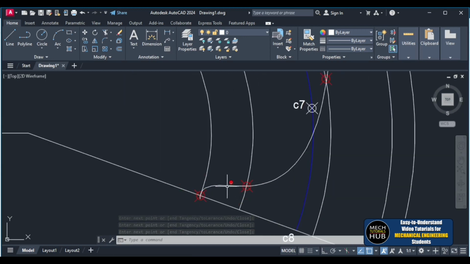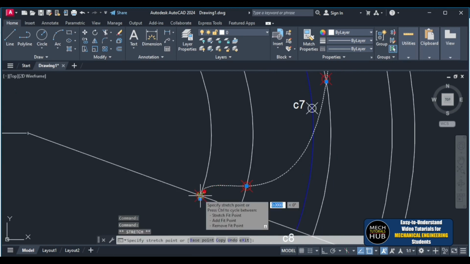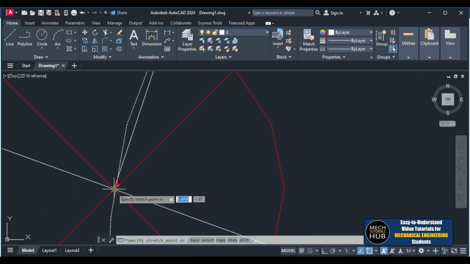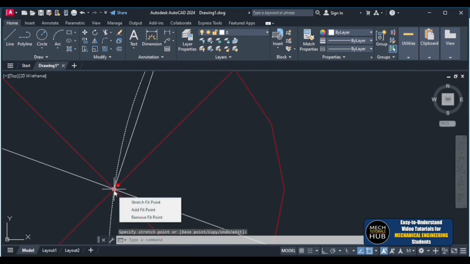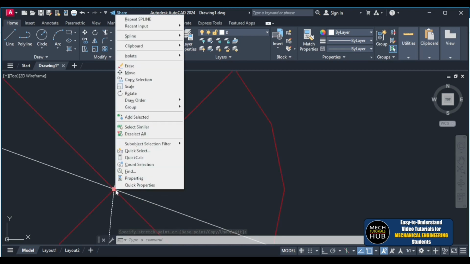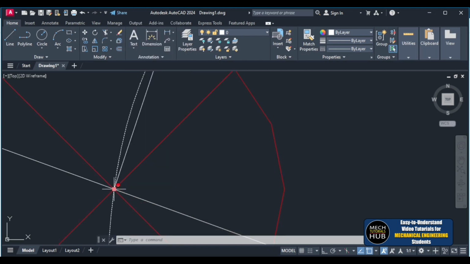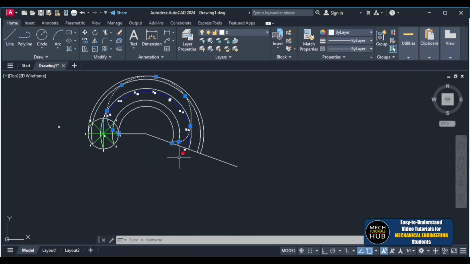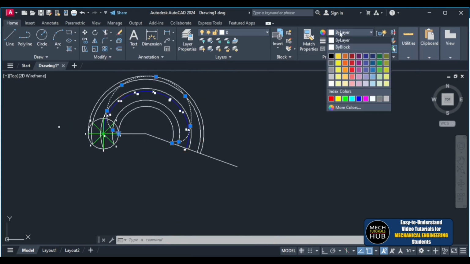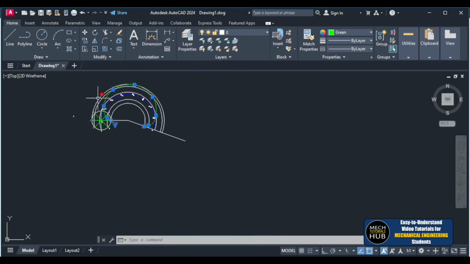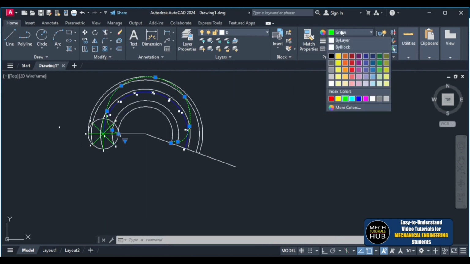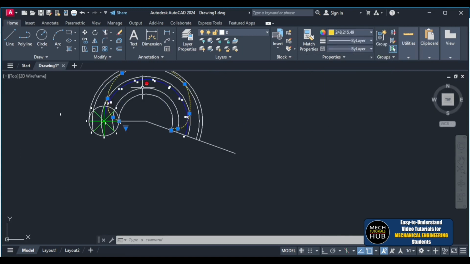Let me zoom out and see. Let me change the color of the curve, then I will see. Or else let me change some other color, maybe to yellow. Yeah, this is the curve.